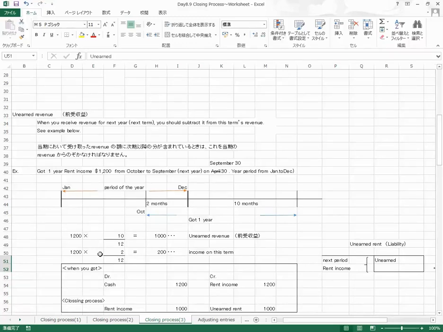So if you sum up to the journal just this term, for the expense case, it is too much expense, and in the revenue case, it is too much revenue, and next time you cannot get any revenue for this contract. So we adjust and calculate how many months we will receive for this term and how many months we will receive in the next terms.